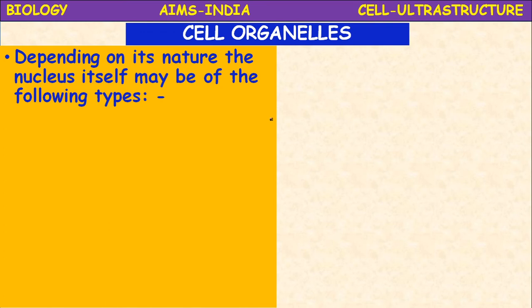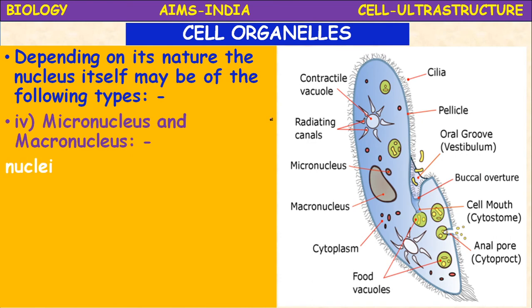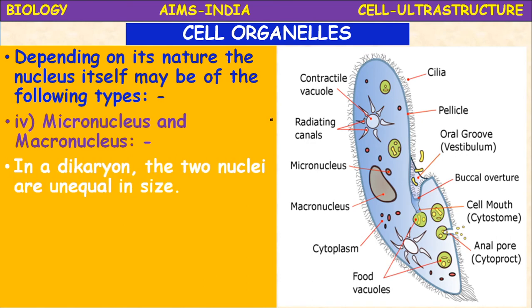So depending on its nature, the nucleus itself may be of the following types. Once again, micronucleus and macronucleus. Here the last one, fourth type.